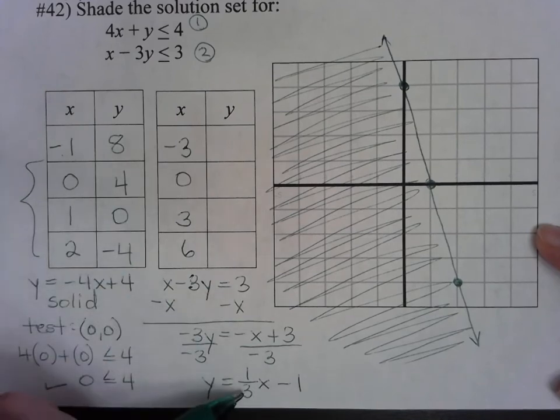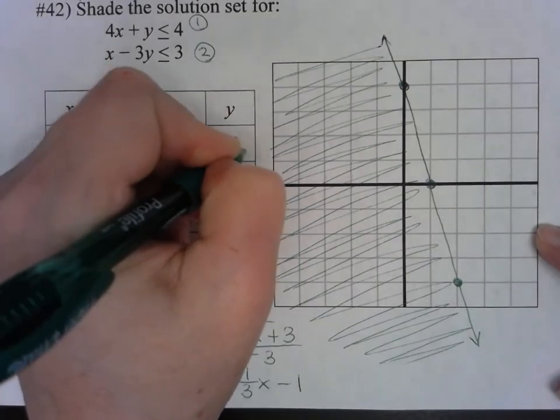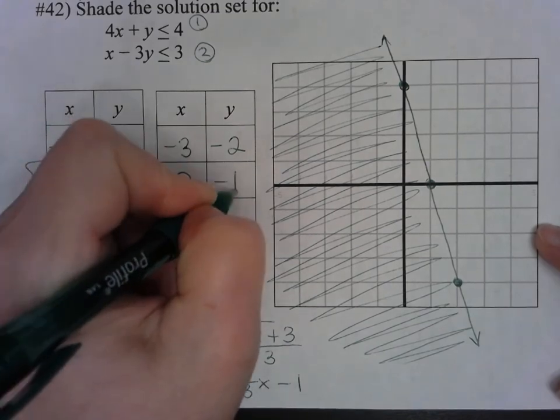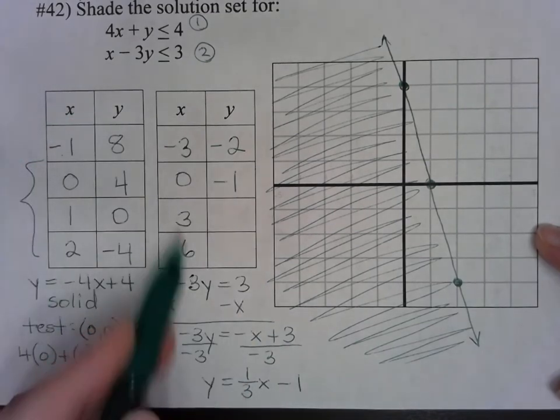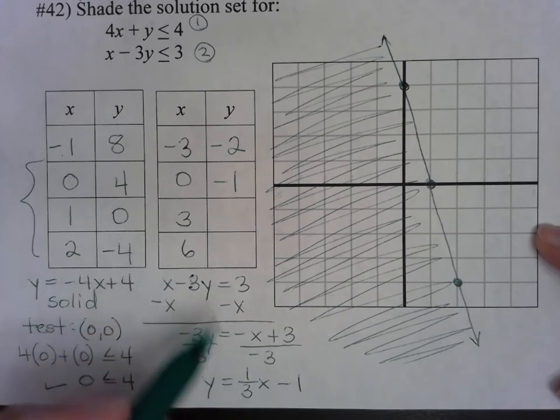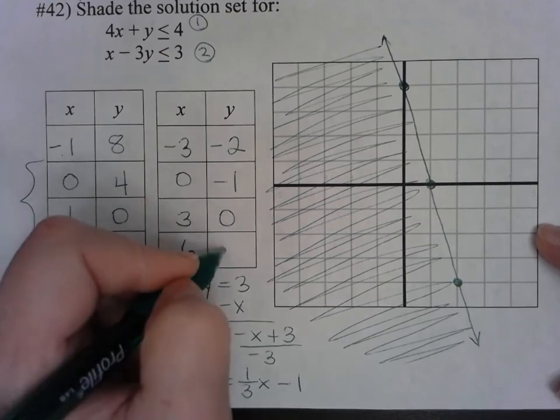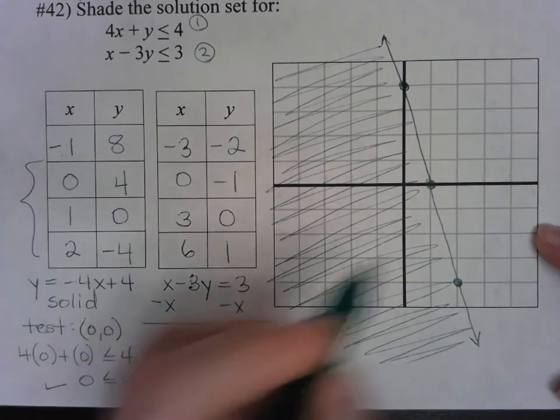All right, so 1/3 times negative 3 would be negative 1, minus 1 would be negative 2. 0, 1/3 times 0 would be 0, minus 1 would be negative 1. 1/3 times 3 would be 1, minus 1, 0. And then 6, 1/3 times 6 would be 2, minus 1 would be 1.